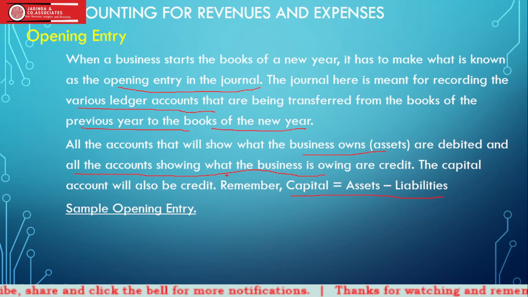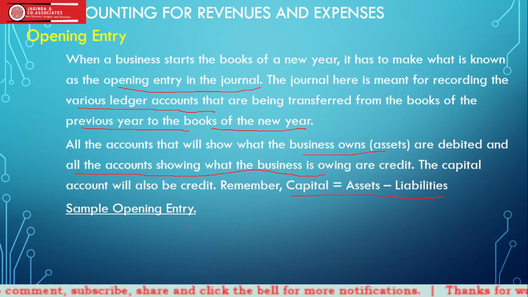The net balances of profit or loss will be carried forward as retained earnings. So the retained earnings will form part of equity. Remember the capital here is also part of equity. So we are saying again, equity, rather capital plus retained earnings, is equal to assets minus liabilities. So that's why we are not talking about expenses being debited anywhere when you are doing the opening entry.